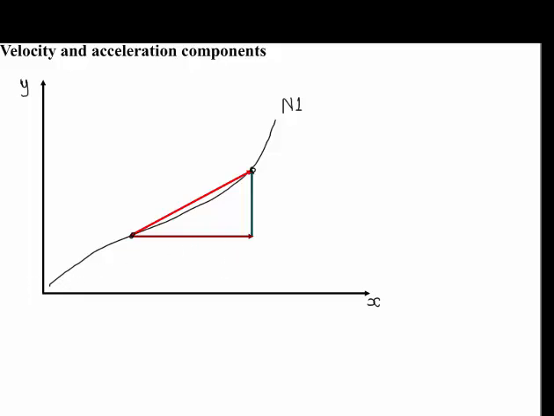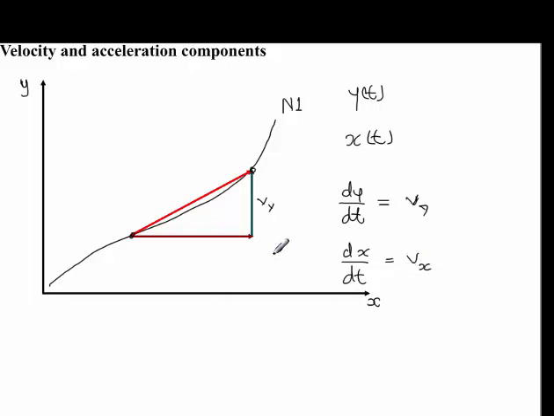Now if we have our parametric equations y of t and x of t, and we differentiate y with respect to t, we get what we can call vy, which is our vertical component of the velocity. And when we get dx/dt, we'll get vx, and we'll call that our horizontal velocity component.